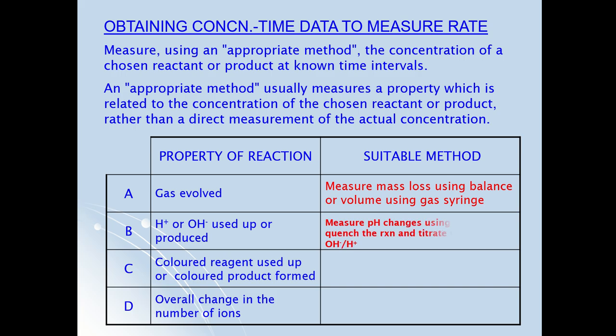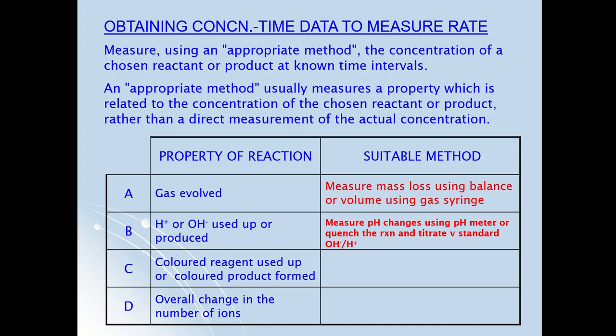The second one then is you will measure the pH change using a pH meter. Now, this is whenever, if you look at B, we are either making or using up acid, or making or using up alkali. And we can measure the pH of that with a pH meter, and that can tell us how much acid has been used up or made, how much alkali has been used up or made. Now, here's the thing.